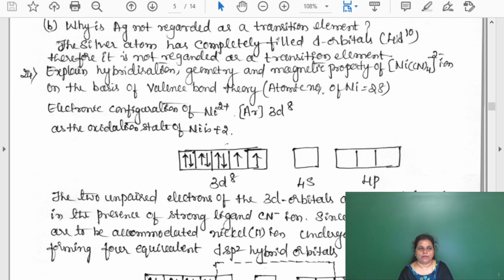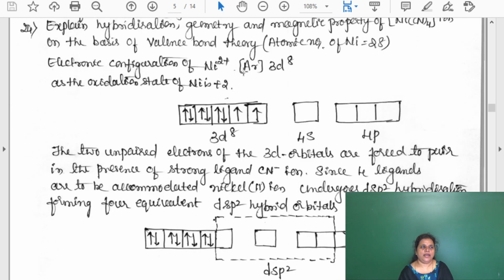When the d orbital is completely filled, it is not regarded as a transition element. The element has to contain a partially filled d orbital. Just write: due to the presence of completely filled d orbital. That is one sentence and that carries 1 mark.